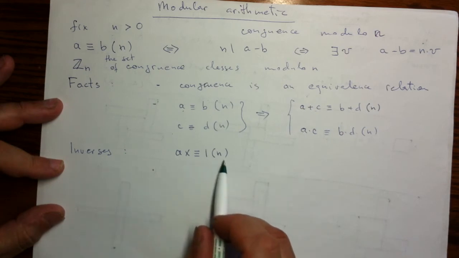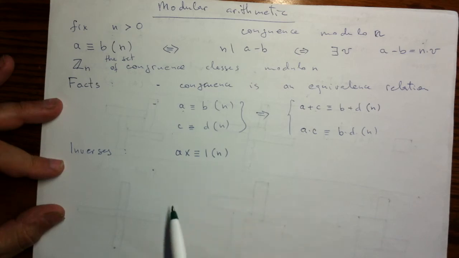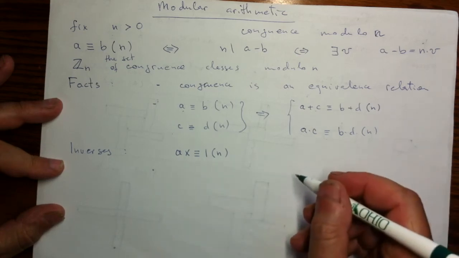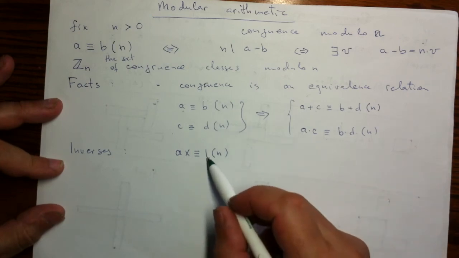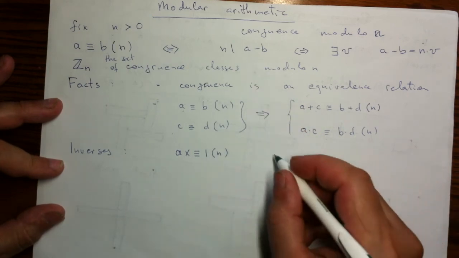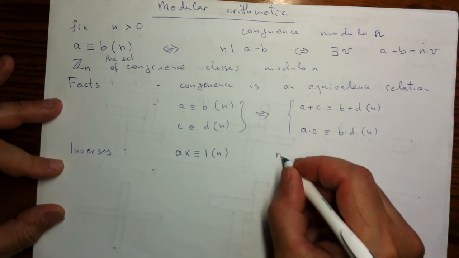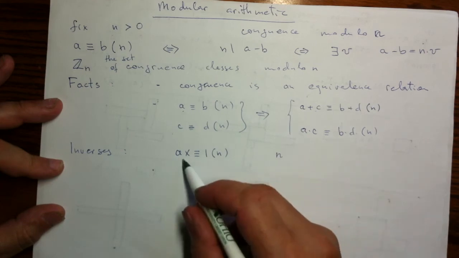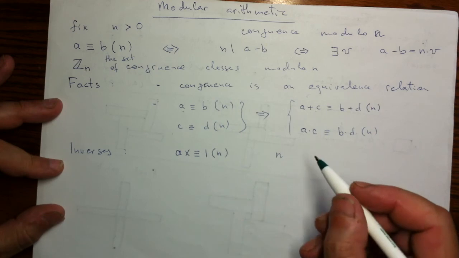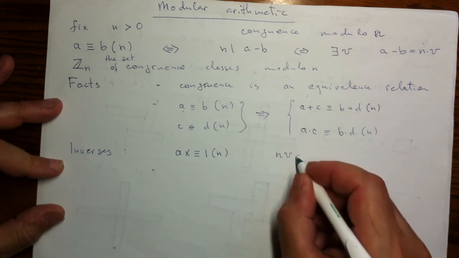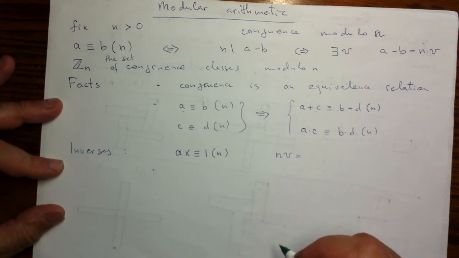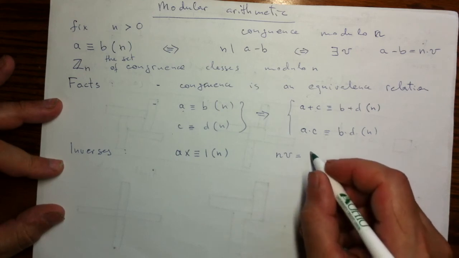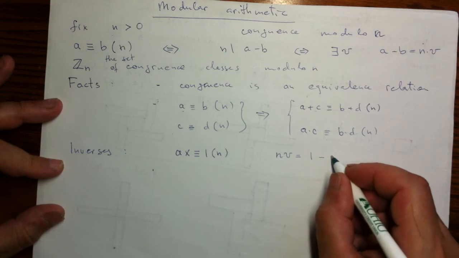Let's just look at the meaning which we had under this notation and see what it amounts to. So the congruence is the same as saying that n divides the difference. Let me just spell it out in equation form. There is something I can multiply n by to make it equal to the difference, say, of 1 and ax.